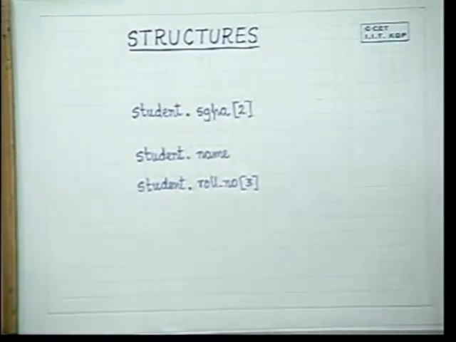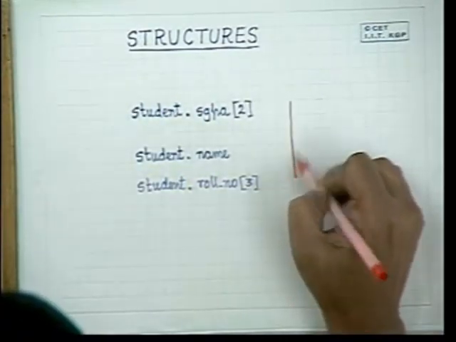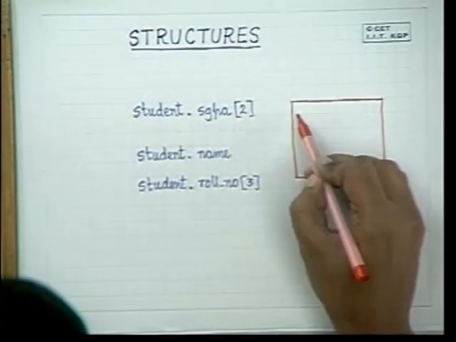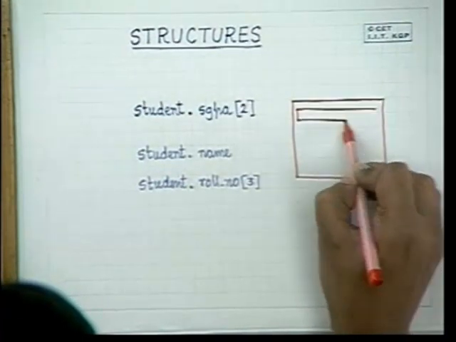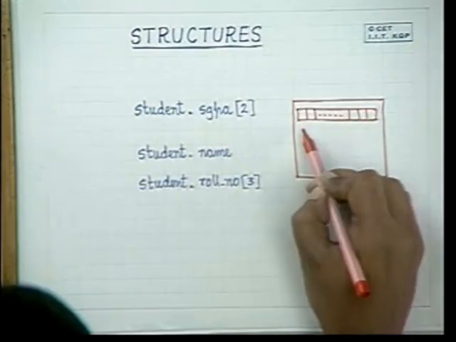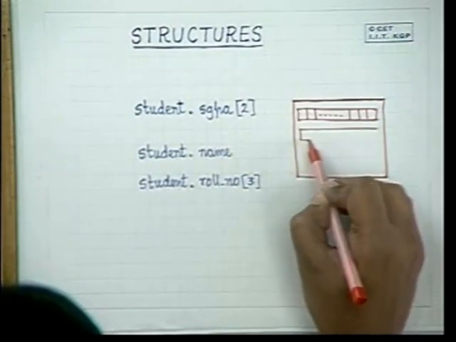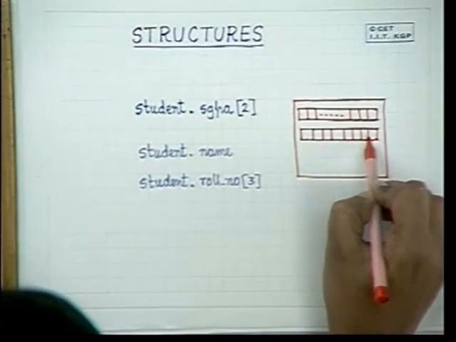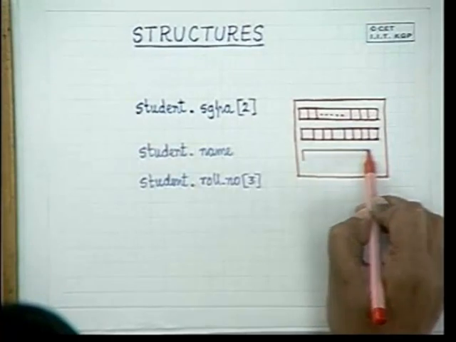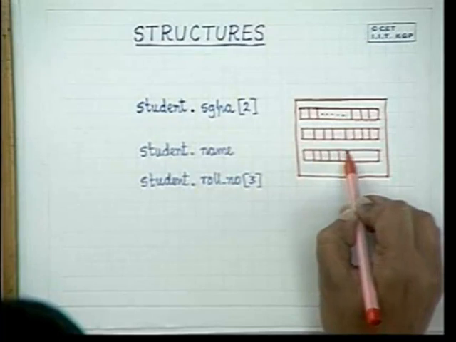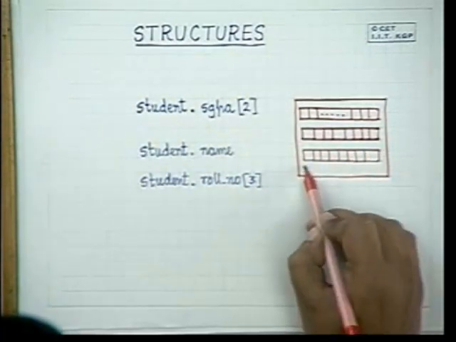So if you draw it up, you have got name of 25 elements, you have got roll number, eight elements, you have got CGPA of 8 elements.